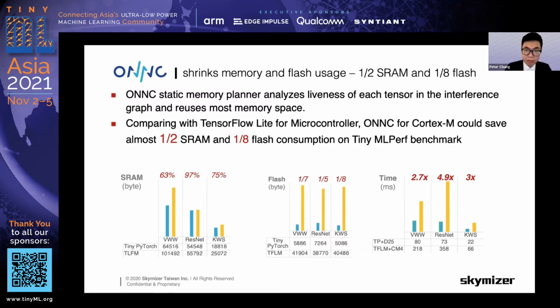While TensorFlow Lite for Micro uses an interpreter-based approach in its code generation, so you need to put a piece of code in your IoT devices for interpretation at runtime. We use a different approach to reduce the necessity of the interpreter code size. So for flash usage, we only use around 1/5 or even 1/8 of the flash usage compared with TensorFlow Lite for Micro.